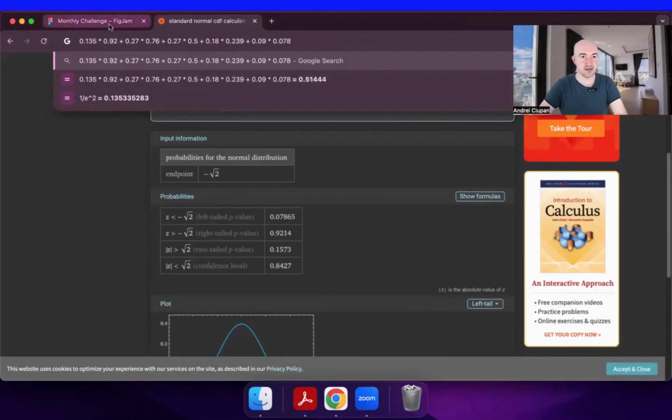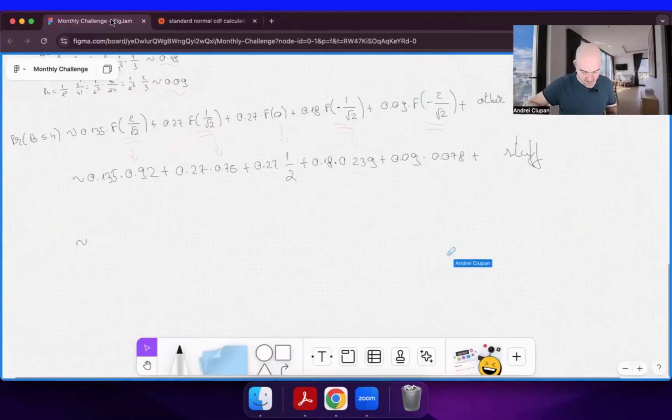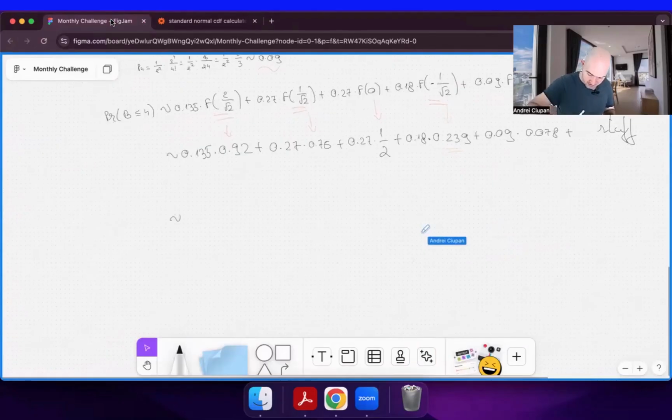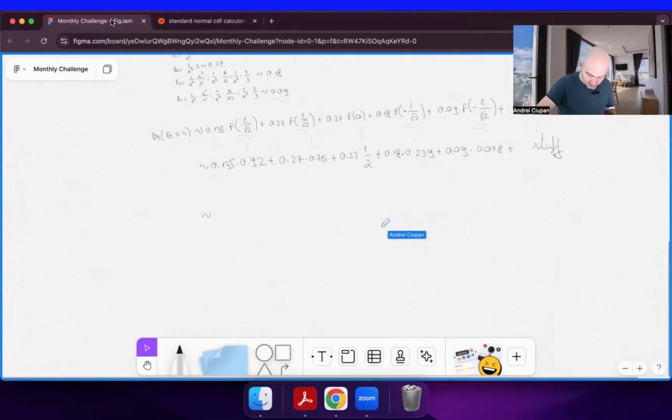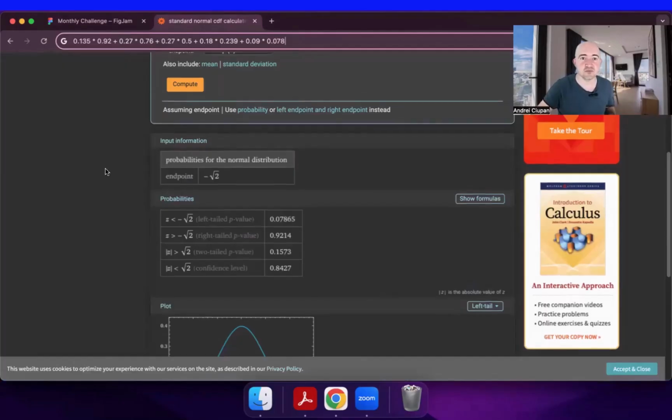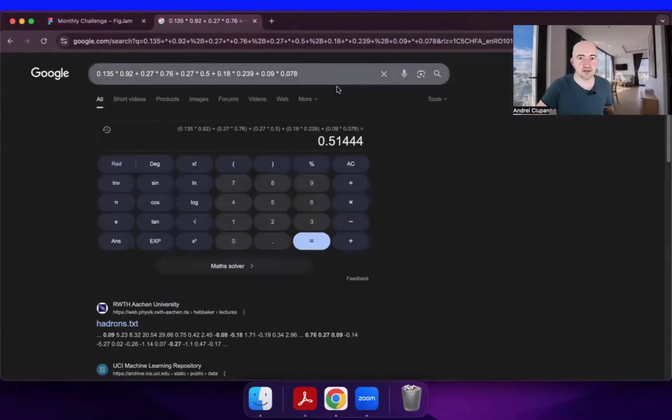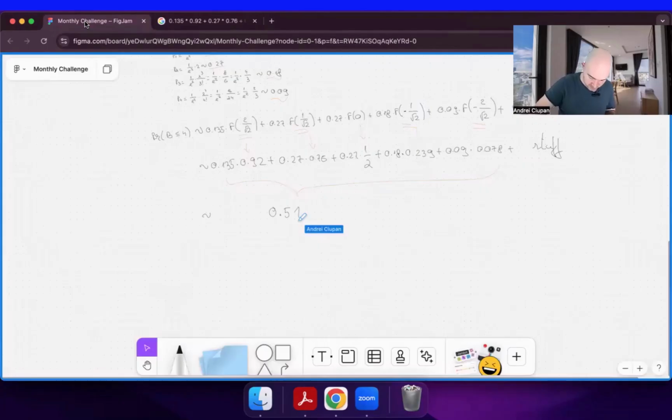Okay, so if we go to the whiteboard, what do we get? All of these things that we approximated here are equal to 0.5144, right? So our probability is 0.5144 plus some other stuff.